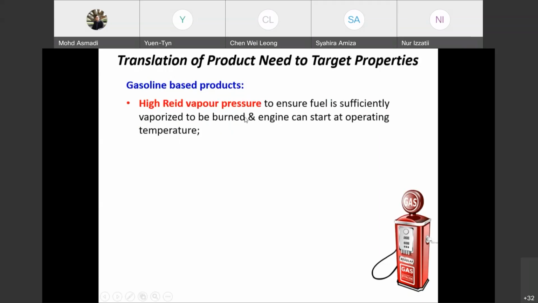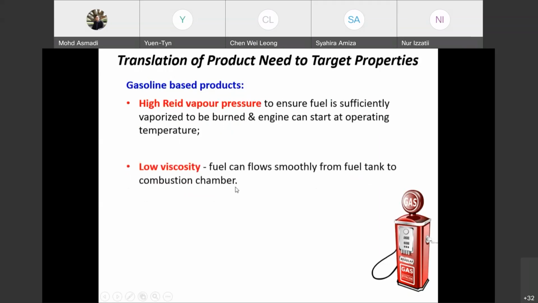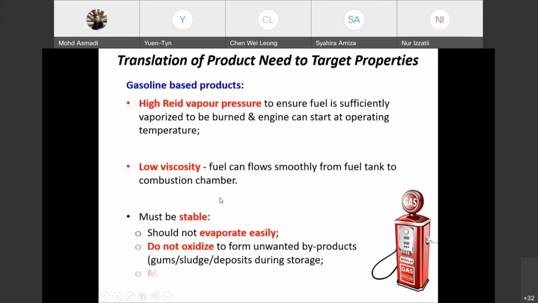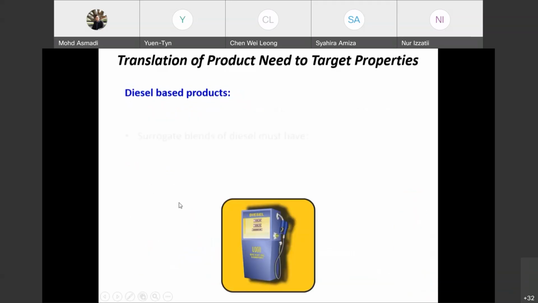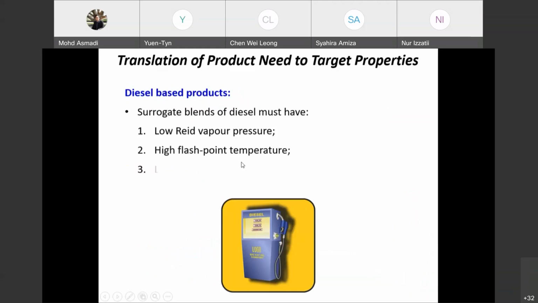And then low viscosity, what is the need for the consumers? And then it must be stable, right? It should evaporate easily, not oxidize, and so on. How about the diesel based products? If you look here, surrogate blends of diesel: a low rate vapor pressure, flash point high, low viscosity, low environmental impacts.